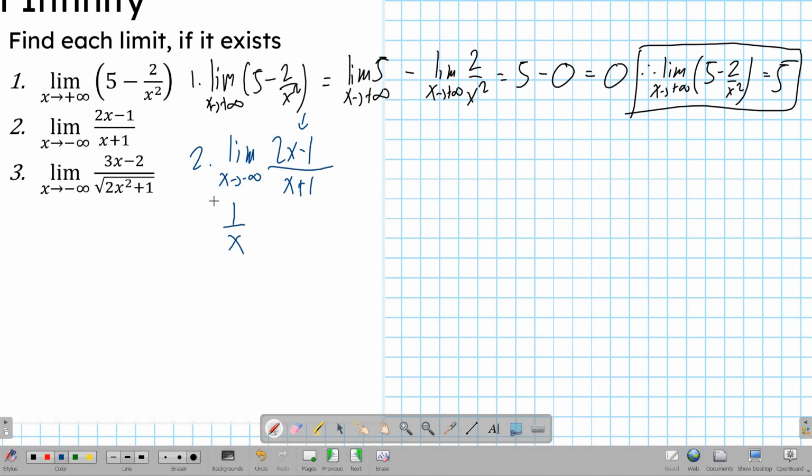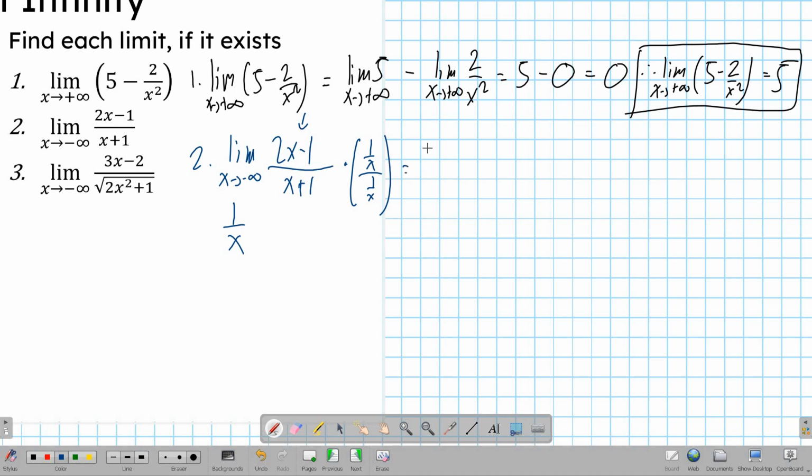So using this, we now multiply this expression by 1 over x over 1 over x. This is equal to 1, so technically the expression times 1 is the same. But with that, we now have expressions in the numerator and the denominator that follow our theorem.